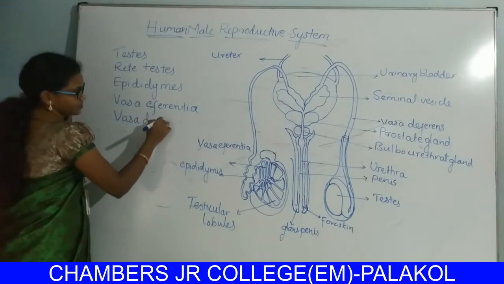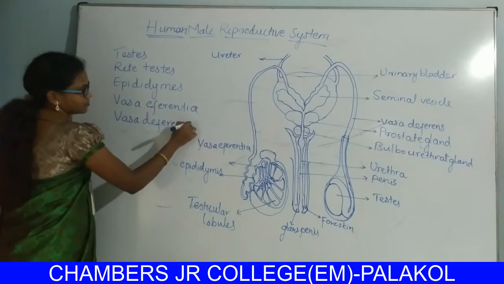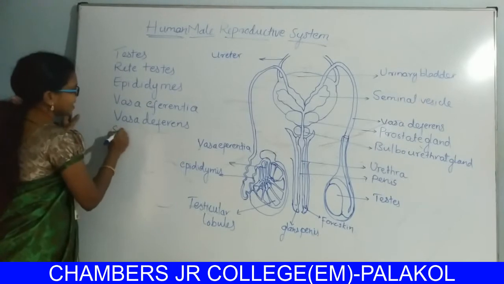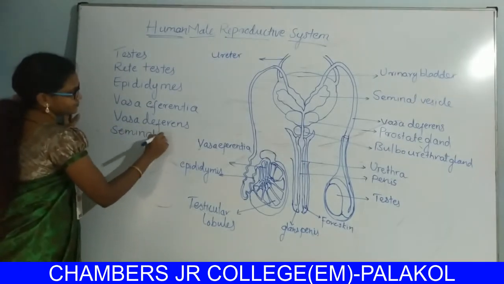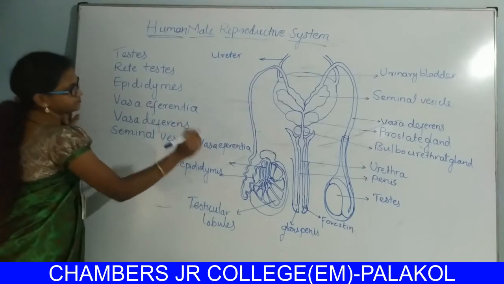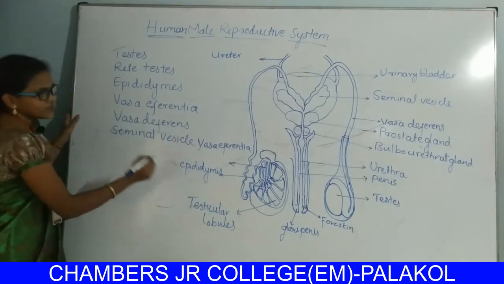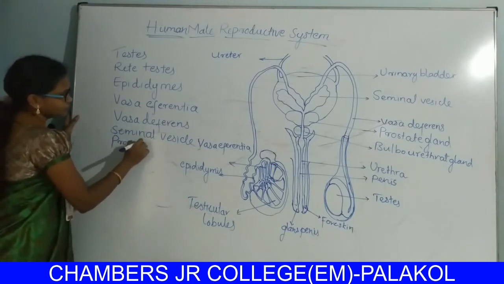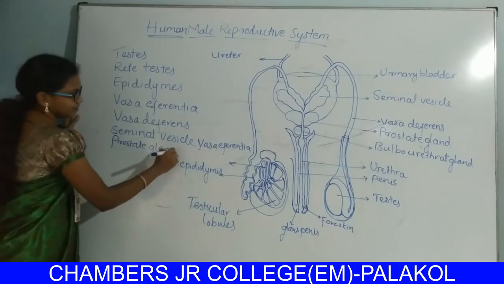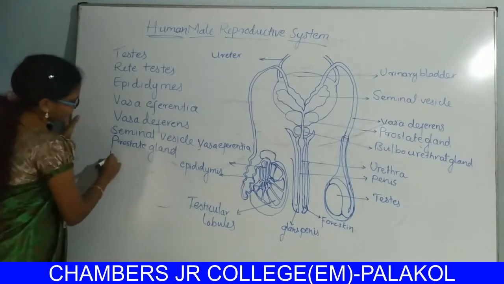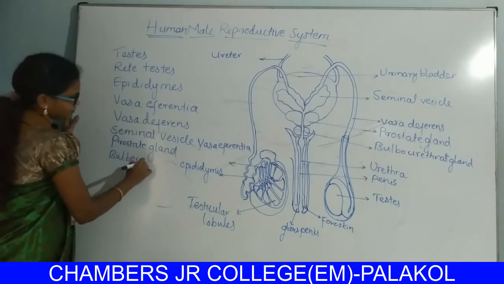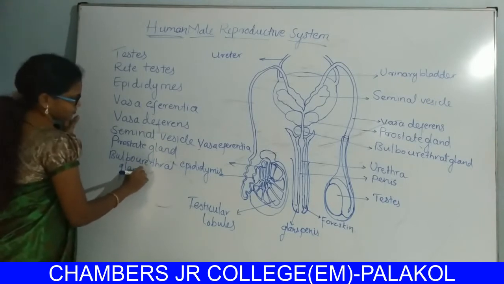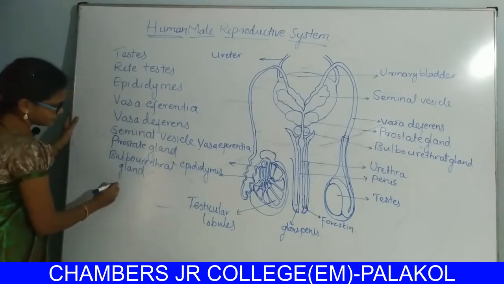Vasa deferens. Seminal vesicle. Next, prostate gland, bulbourethral gland, and penis.